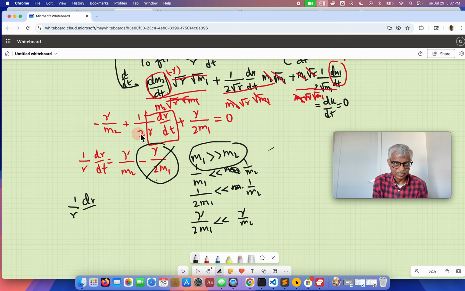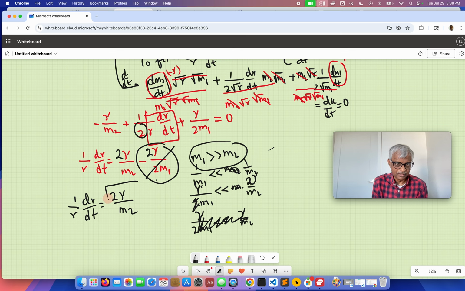Oh, did I not multiply by 2? I should have multiplied by 2 here and 2 here. So I would have 1 over m1, 2 over m2. We didn't need to go here. Just do gamma here and gamma here. So what we're left with is 2 gamma over m2.